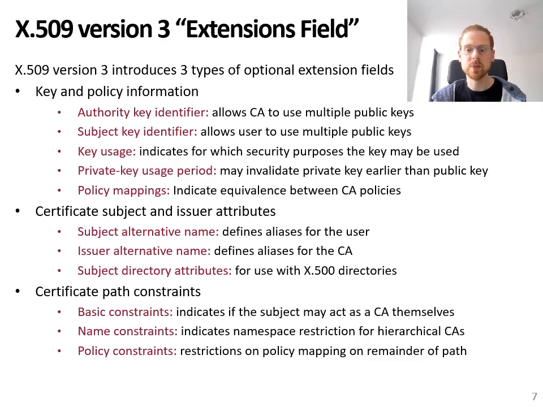Third is information about the certificate path. This is useful when used in a hierarchy of certification authorities. For example, it allows defining whether or not the subject, so the one that owns the public key, is allowed to act as a certification authority themselves, and so on.